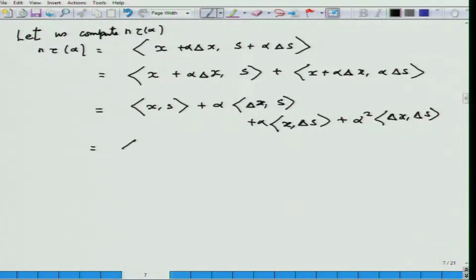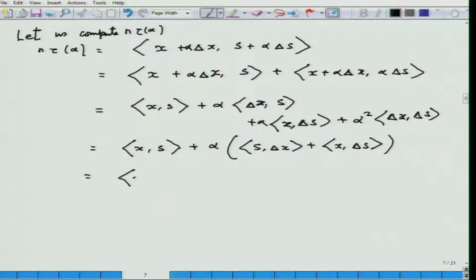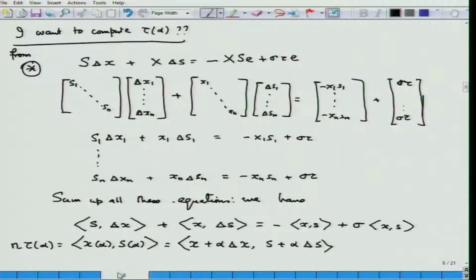So, we have x s plus alpha times s delta x plus x delta s, and this is something we have just computed. We have just computed this to be x s plus alpha times, this is nothing but minus x s plus sigma x s.